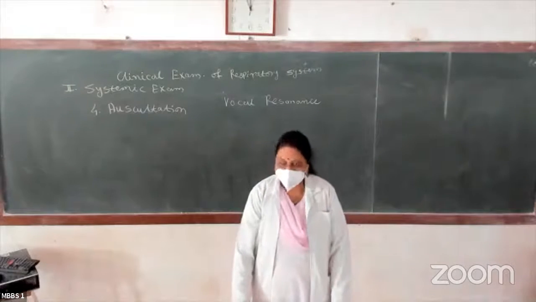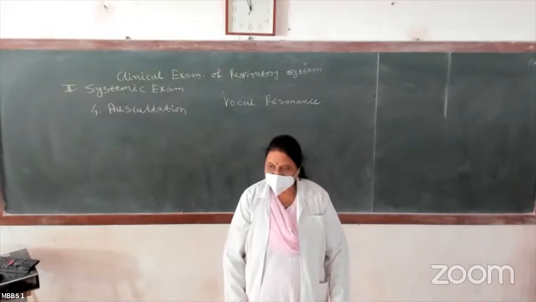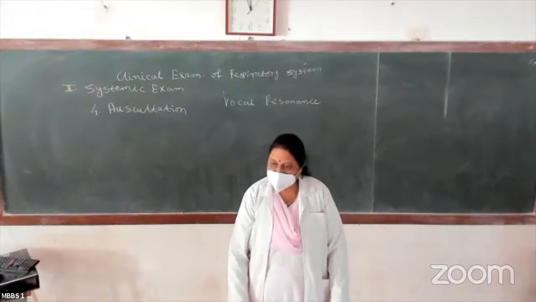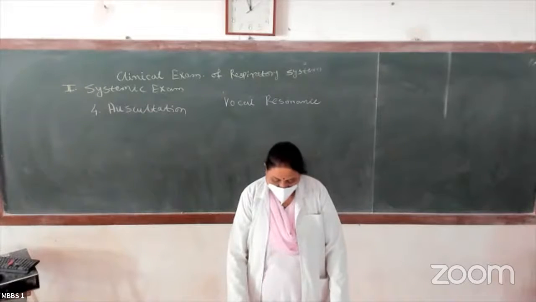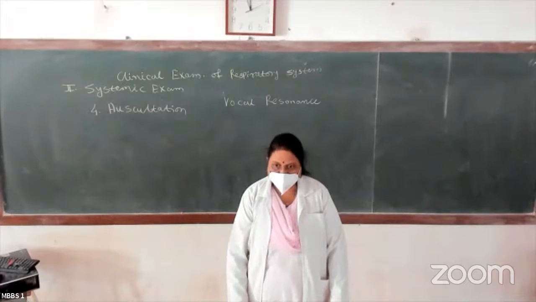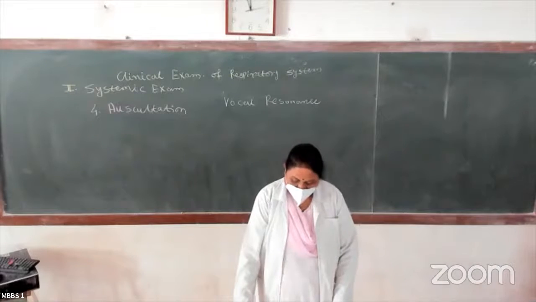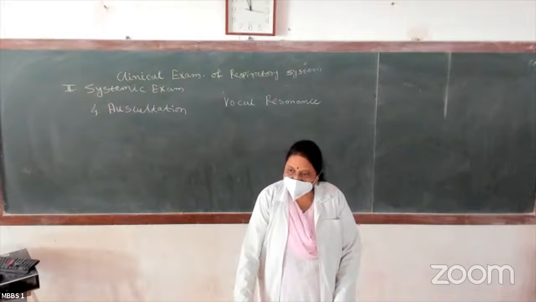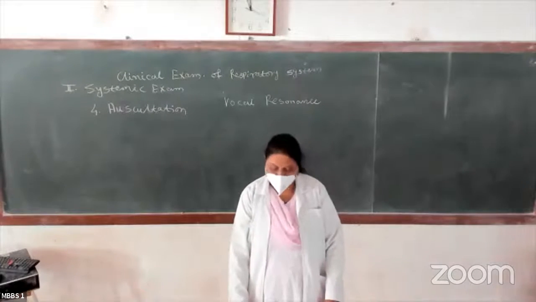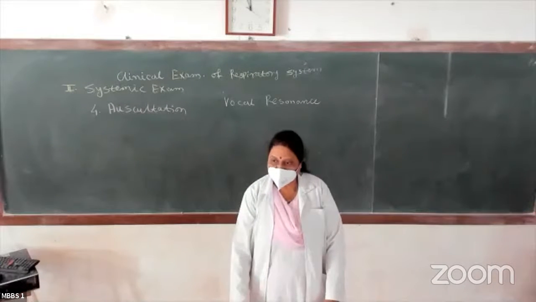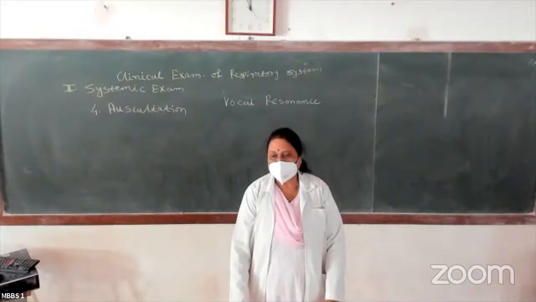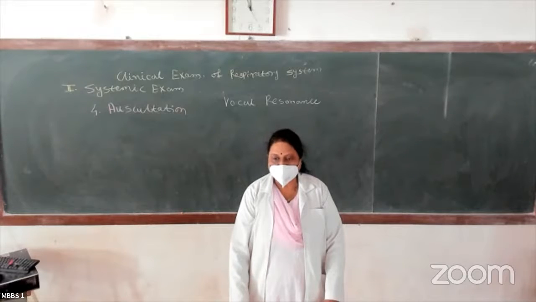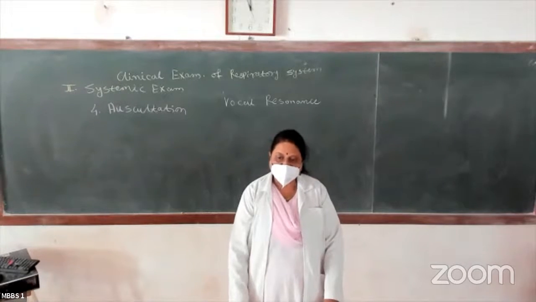Expansion of the chest, equal or unequal on both sides, anteriorly and posteriorly. Accessory muscles of respiration, working or not working. Position of the trachea, central, deviated to the right or deviated to the left. Position of the apex beat: left fifth intercostal space, 1.2 centimeter medial to the mid-clavicular line.